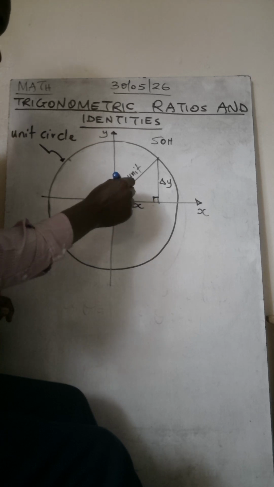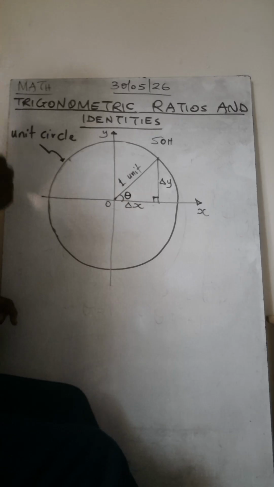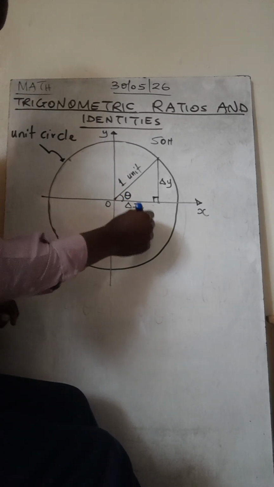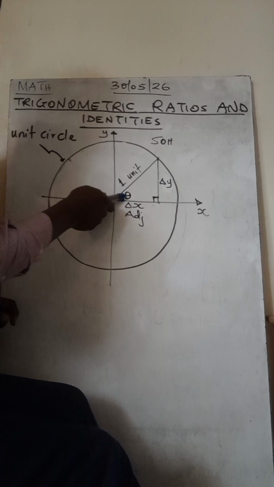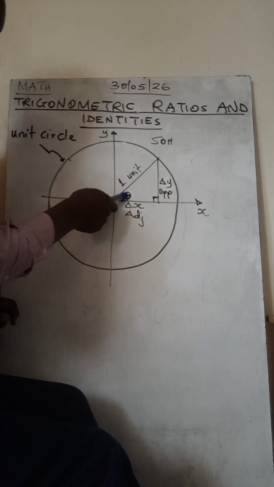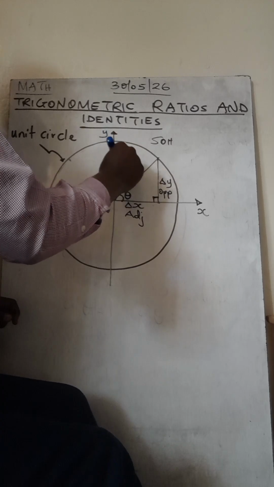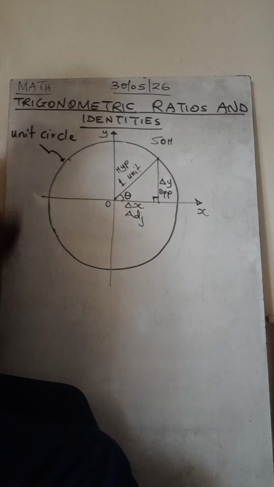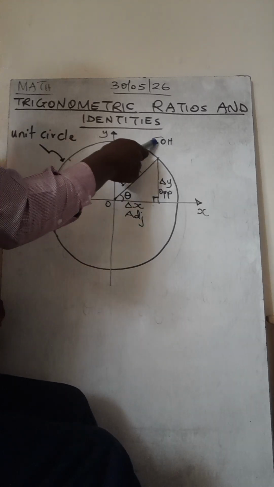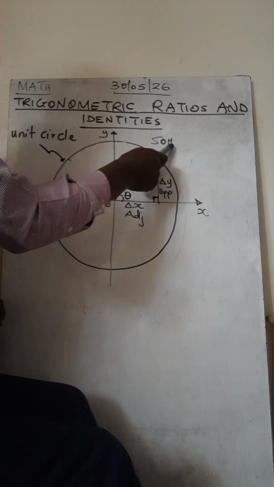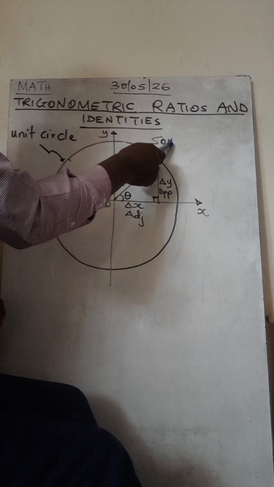If this angle is here, let's say we have angle theta here, this side is adjacent to this angle, this side here is opposite to this angle, and this side here is the hypotenuse of this triangle. So sine of this angle is given by opposite side divided by hypotenuse.